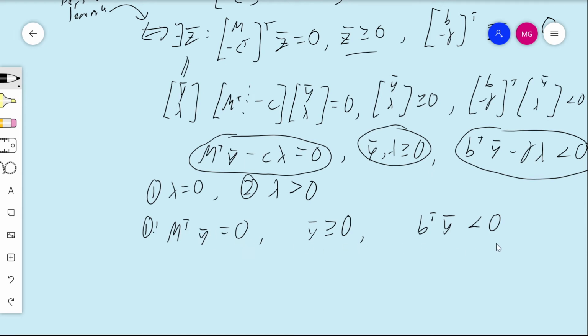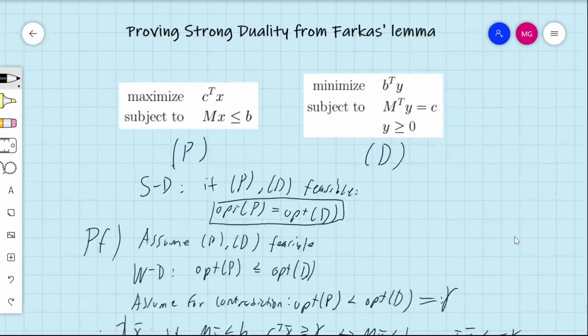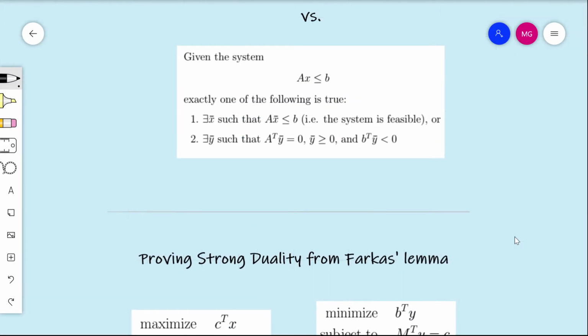But what these conditions are saying is these are the conditions exactly dealing with Farkas lemma yet again. So let's just scroll back to the top dealing with that Farkas lemma variant. So you see that exactly one of the following is true. The first condition isn't what we're dealing with. It's the second condition. There exists a y bar such that the matrix transpose times this vector y bar equals 0, it's non-negative, and b transpose y bar is strictly negative.